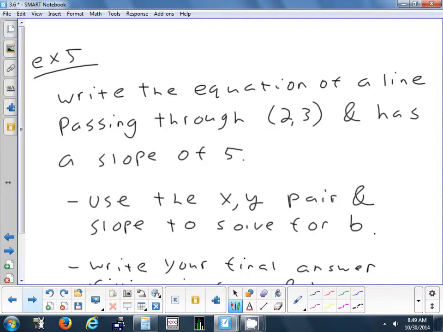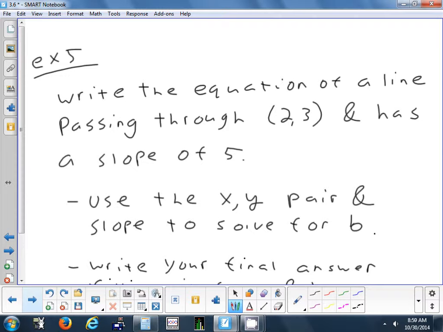All right. So now what I want to do is write an equation of a line. I want it to pass through the point (2, 3), and I want it to have a slope of 5. This is definitely the kind of problem you did in Algebra 1. You're given a point, you're given a slope. What we need, though, is b.